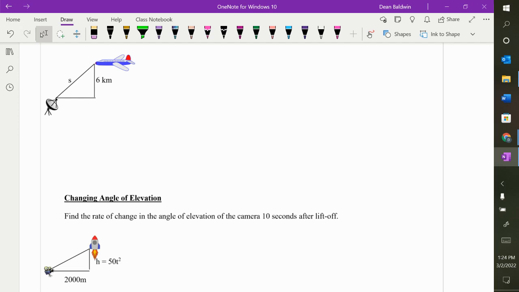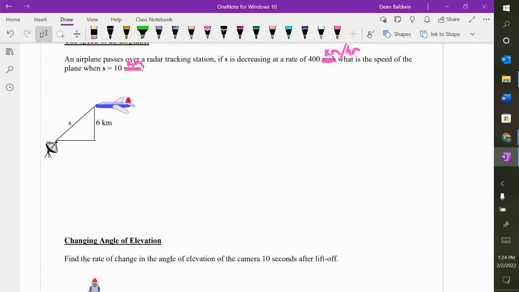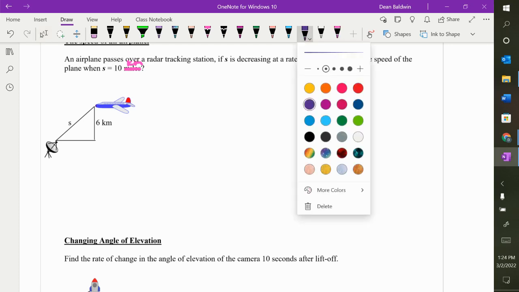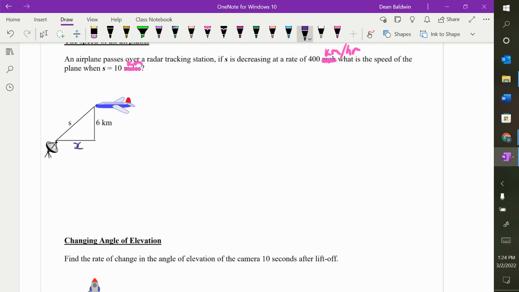The first thing we have to do is put some variables here. Just to make it easy, that's x, that's y, and s is already labeled as s. We're not doing trig, so we have to be doing Pythagorean.